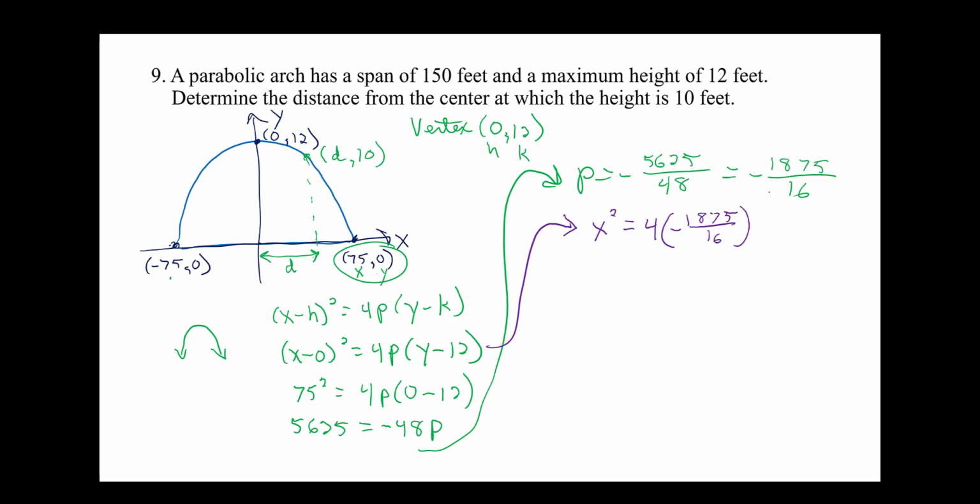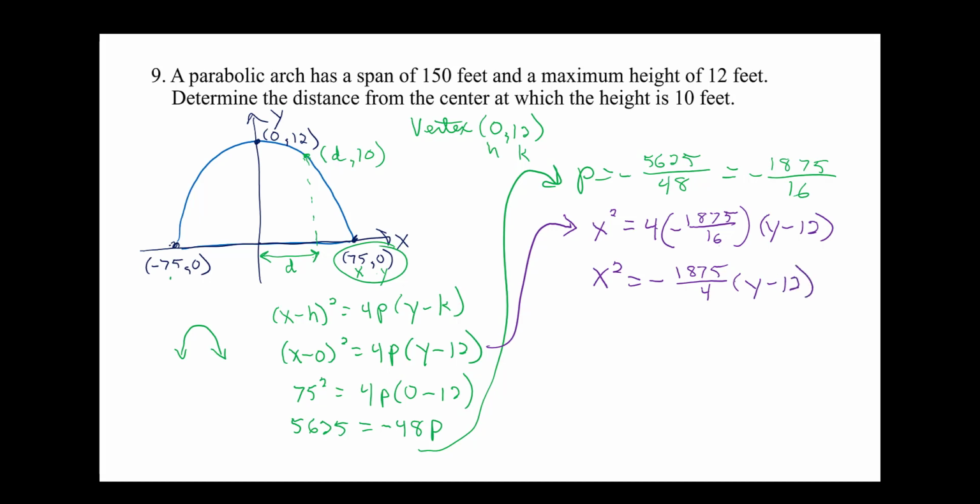Negative 4 times p times y minus 12. Okay, so simplifying just a bit, we have x squared equals negative, and we take 4 over 16 is like 1 over 4, so negative 1,875 over 4 times y minus 12.